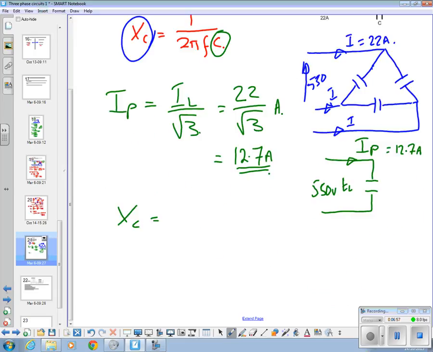XC is equal to E line over I phase, 550 over 12.7 equals. And I think I made that 43.3 ohms.